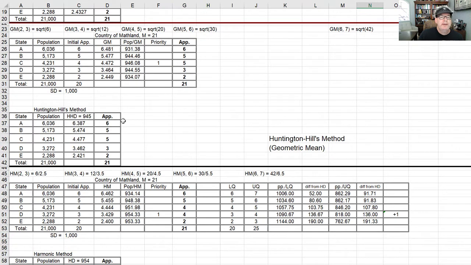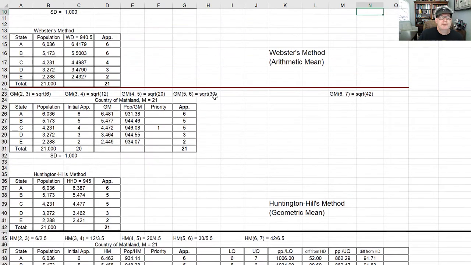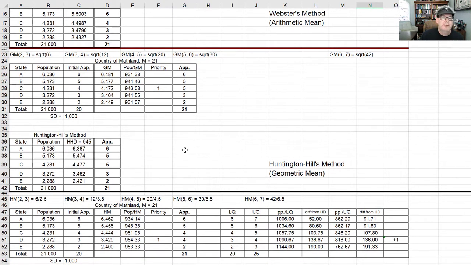With the Huntington Hill method, I need this divisor, 645, divide each population by that, and then rounding with the geometric mean, it's a little bit different. So B did not round up in that case, instead C rounded up. Well, square root of 6, here it is.